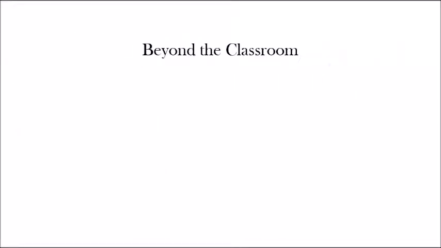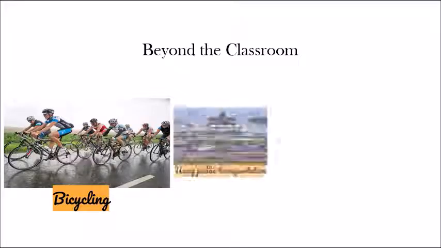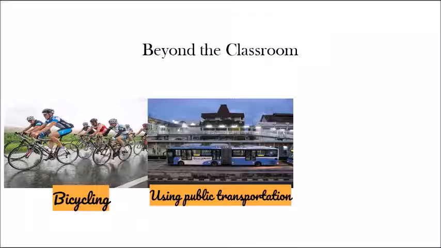And beyond the classroom, the teacher needs to stimulate students through daily life activities to have a better world. For example, the teacher teaches students that bicycling is important for human health. Another example is that someone needs to use public transportation because it is important to reduce traffic jams in a city.